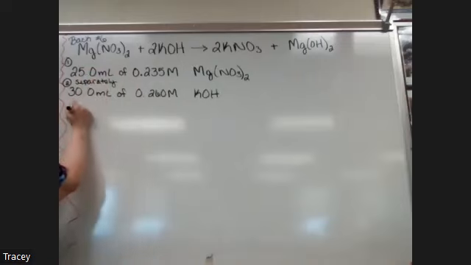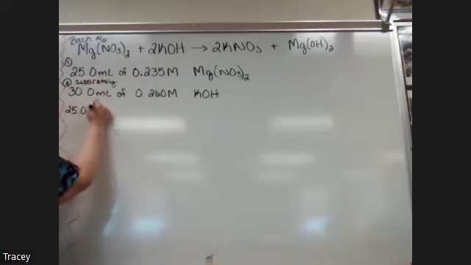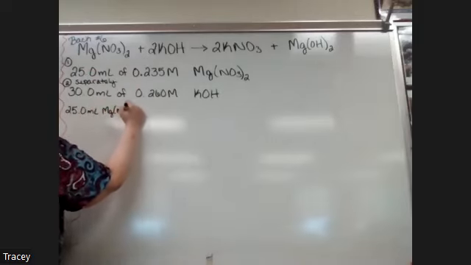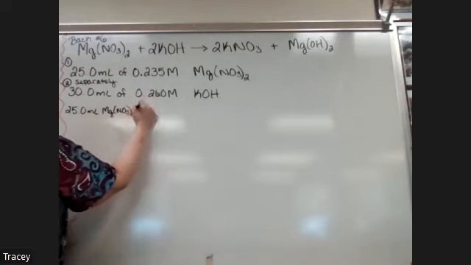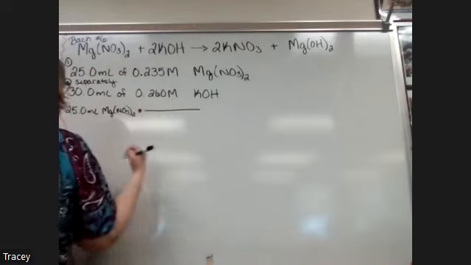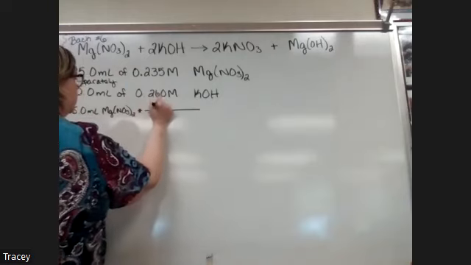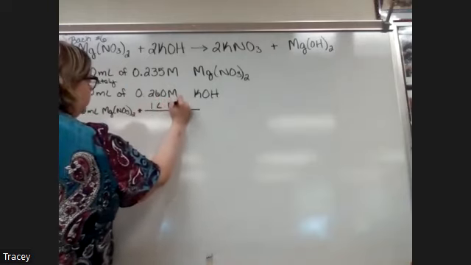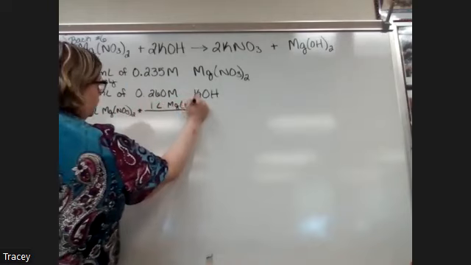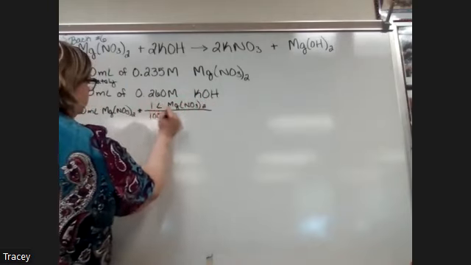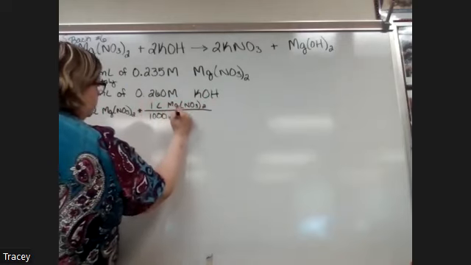So we've got 25.0 milliliters of Mg(NO3)2. We need to convert that to liters. There's 1 liter of Mg(NO3)2 over 1,000 milliliters.